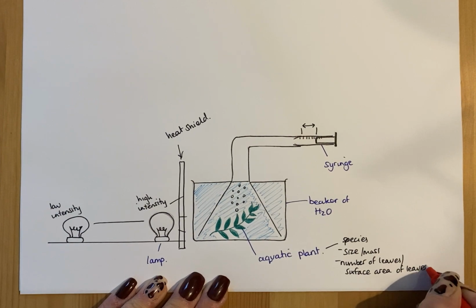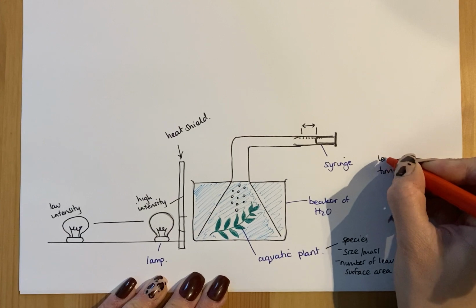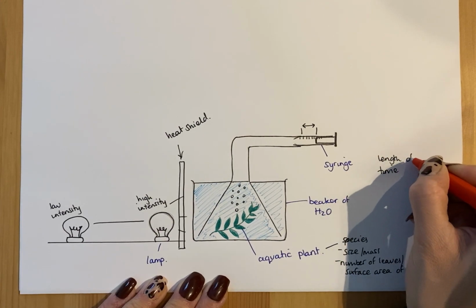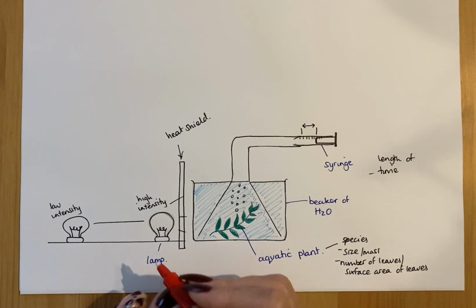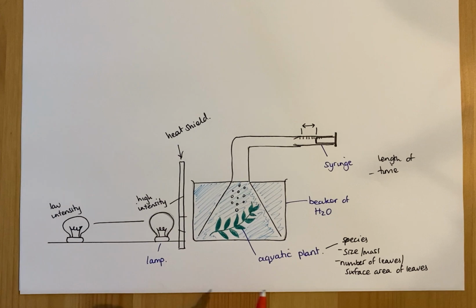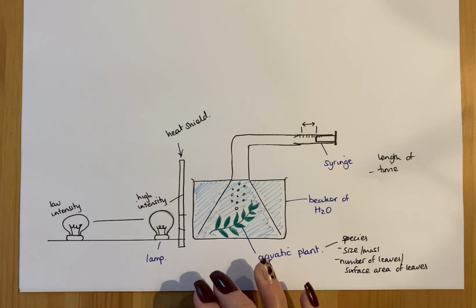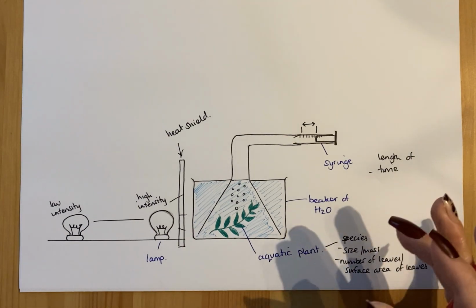You'd have to have the same length of time which the experiment runs for. There's lots of things that you'd have to keep the same. The lamp would have to be kept the same, but the distance would be changed, for example. So in this experiment, you can change a lot of things to investigate different factors, but this is just a very general example.